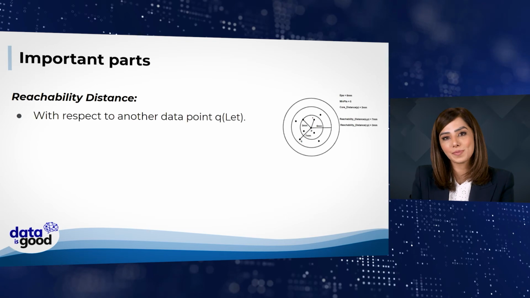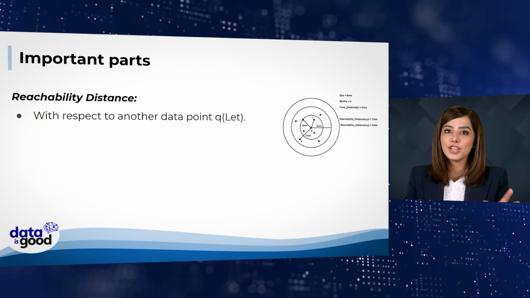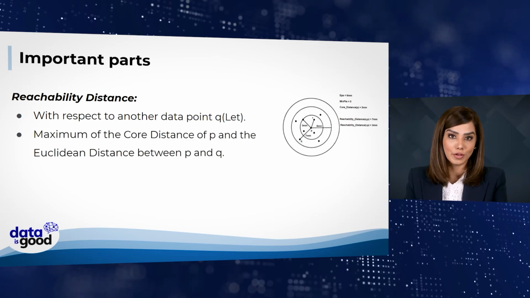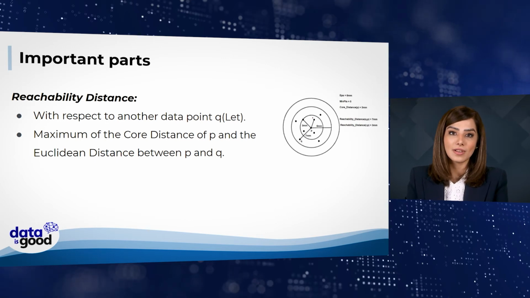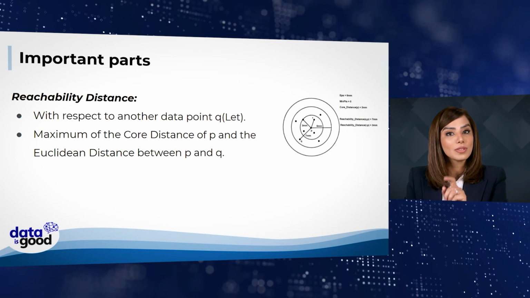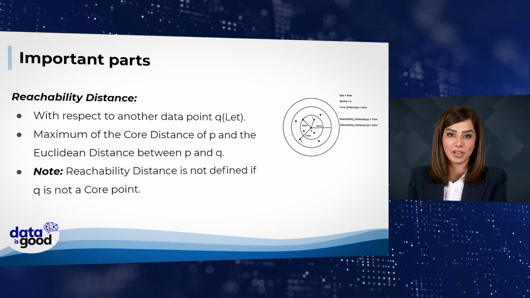It is defined with respect to another data point, Q. The reachability distance between a point P and Q is the maximum of the core distance of P and the Euclidean distance, or some other distance metric, between P and Q. Please note that the reachability distance is not defined if Q is not a core point.